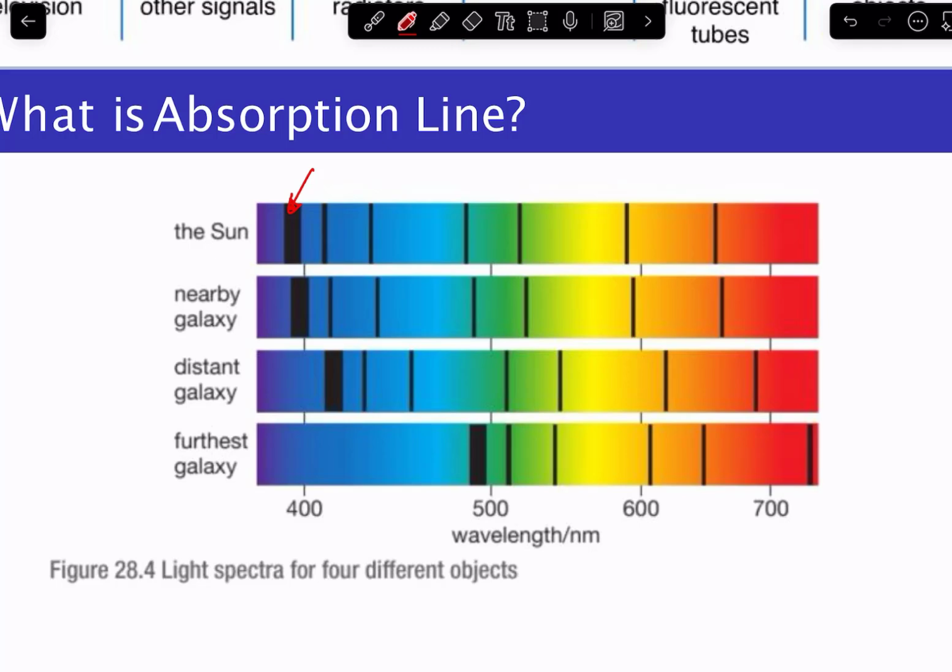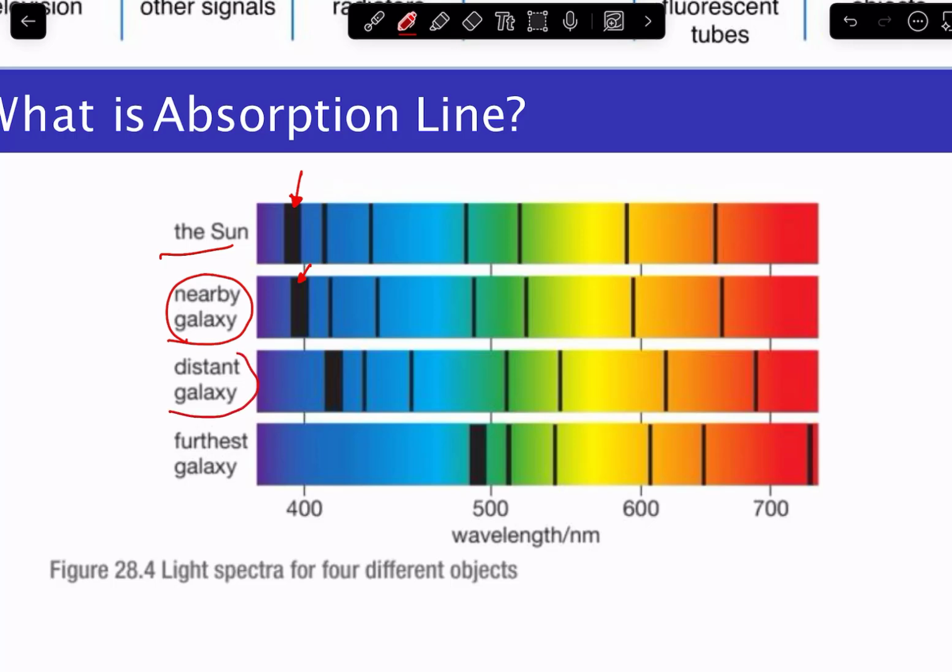Now the thing is, if we observe these electromagnetic spectra, we'll find that for the sun, this absorption line is here, but for a nearby galaxy that is a bit more distant from the earth, we find that the same absorption line has been shifted a little bit.